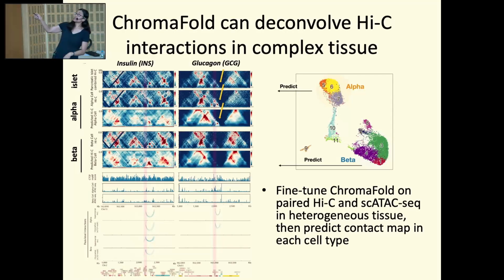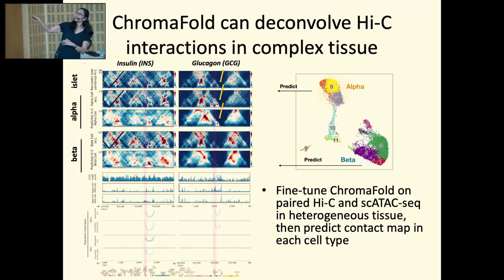And that's what we're doing here. So we fine-tune the model, and we have this ground truth islet bulk Hi-C, and then we make predictions in alpha cells and beta cells, okay? And for a long time, we didn't know how to validate these predictions, but someone actually did the experiment, sorting out alpha cells and beta cells, and did the Hi-C, and then we could compare.